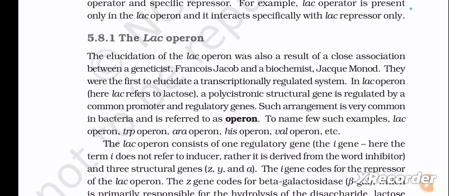A polycistronic structural gene is regulated by a common promoter and regulatory genes. Such arrangement is very common in bacteria and is referred to as operon. To name few such examples, lac operon, trp operon, ara operon, his operon, val operon, etc.